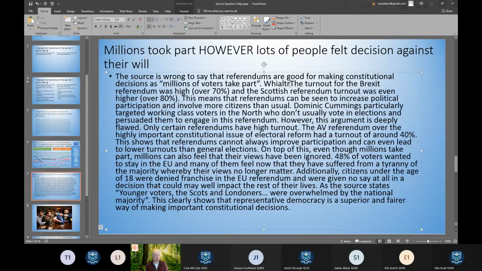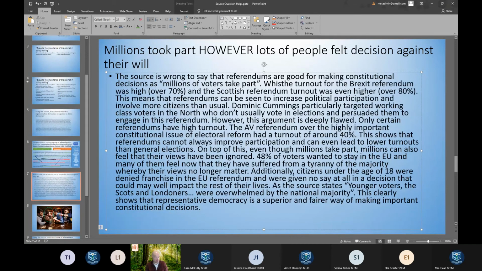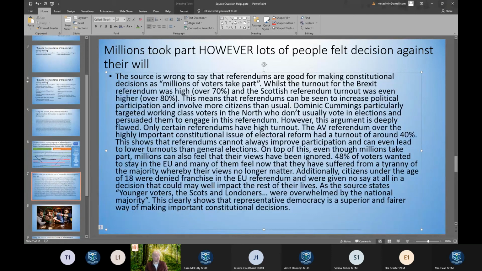Whilst, you know, I could do it like that. Look, see, feel how the language changes, how the sentence changes with these few word changes. The source is wrong to say that referendums are good for making constitutional decisions as millions of voters took part.